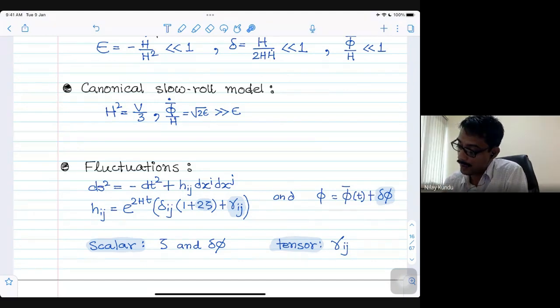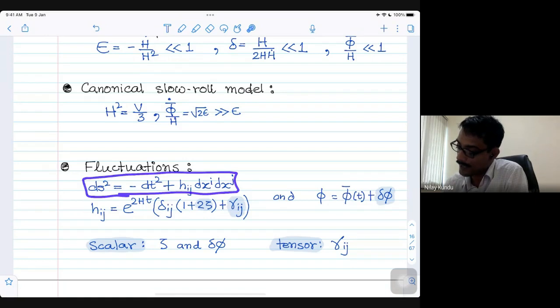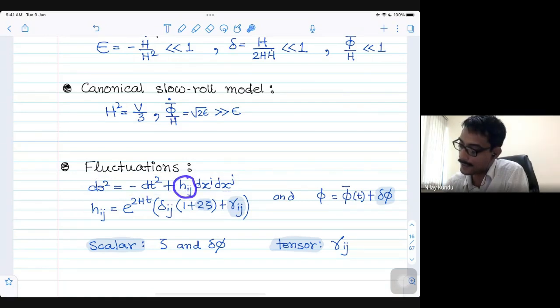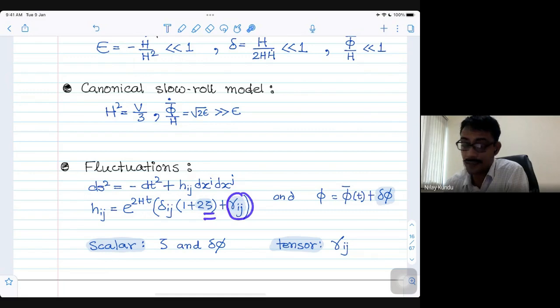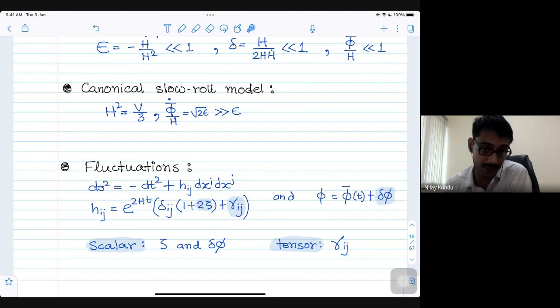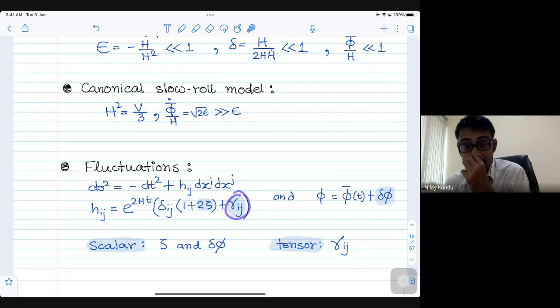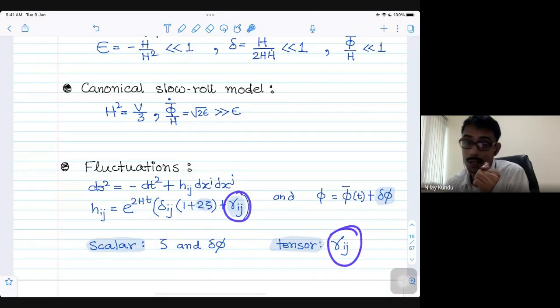If this is my metric, then you can see that this h_ij, which is the induced metric on the spatial sector, has two perturbations given by zeta and gamma_ij. Now zeta is the trace part: I have taken the trace out and I'm writing it separately, and gamma_ij happens to be traceless. So the trace part is a scalar function, and gamma_ij is a tensor perturbation.